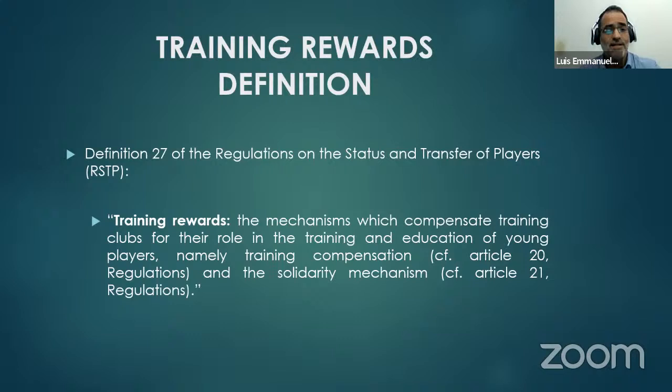Pursuant to that end, definition 27 of the Regulations on the Status and Transfer of Players, namely RSTP, defines training rewards as the mechanisms which compensate training clubs for their role in the training and education of young players, namely training compensation pursuant to Article 20 of the regulations, and the solidarity mechanism pursuant to Article 21 of the regulations, which we're going to get into in more detail in this session.